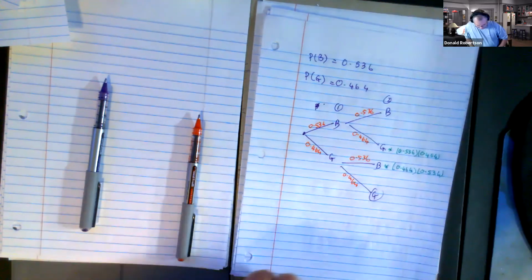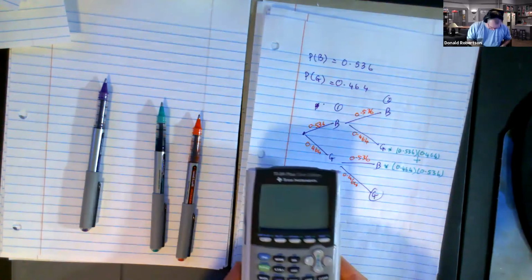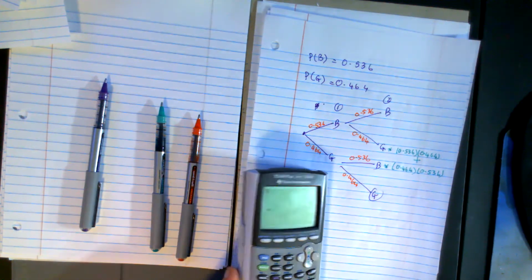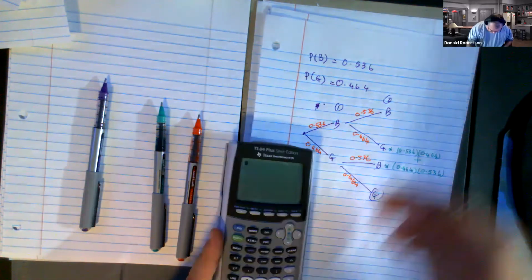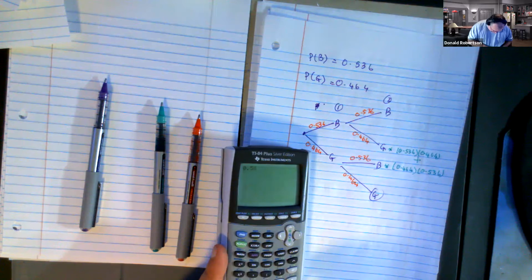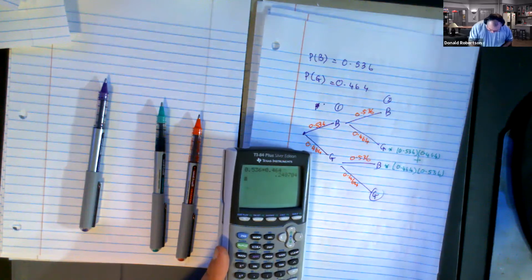And so the probability that she gets one of each is this one plus that one. So you add them? Yes. That makes more sense. Okay, so 0.536 times 0.464 is that ugly decimal.